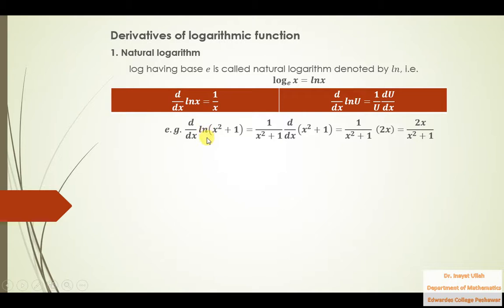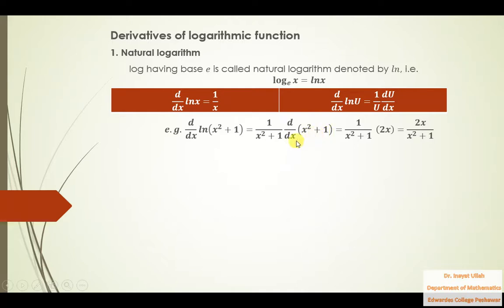So the derivative of log of x squared plus 1 is 1 by x squared plus 1 into the further derivative of x squared plus 1, which is 2x, applying d/dx within these brackets.